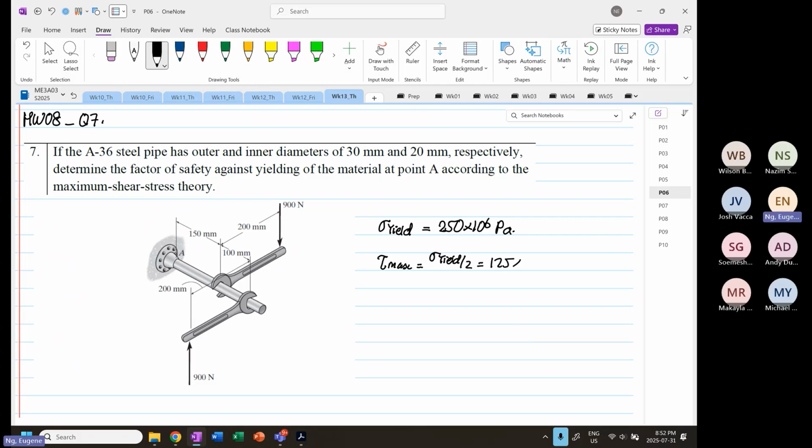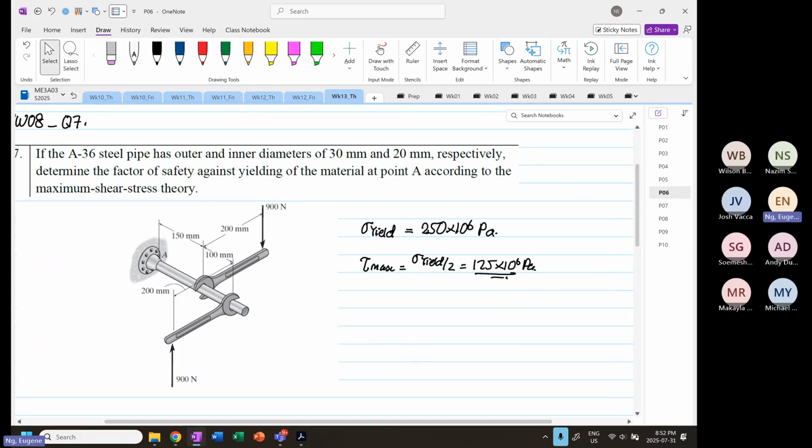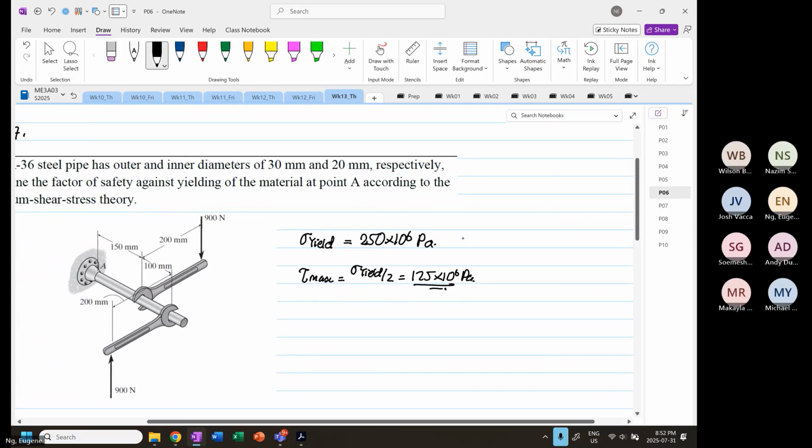So the maximum shear stress allowable is 125 MPa. And the yield stress is from the materials handbook, and again from testing. And we know all this. This is a uniaxial test, one direction.